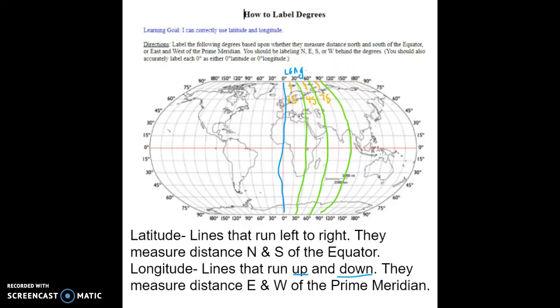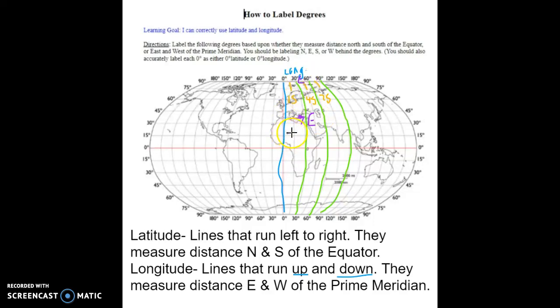And so, again, we start from 0. We always start from 0. But we have to start from 0 degrees longitude, not down here. That's latitude. And we say, well, what direction did I have to go to get from this 0 degrees to this 30 degrees? I had to travel east. That means that this 30 degree line is 30 degrees east.